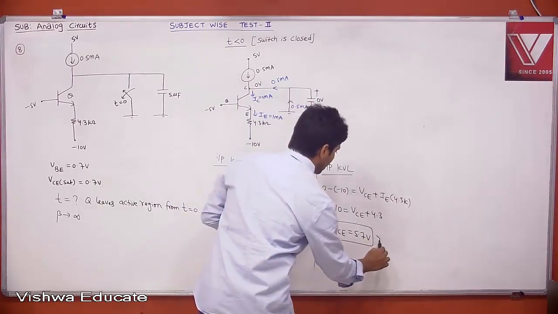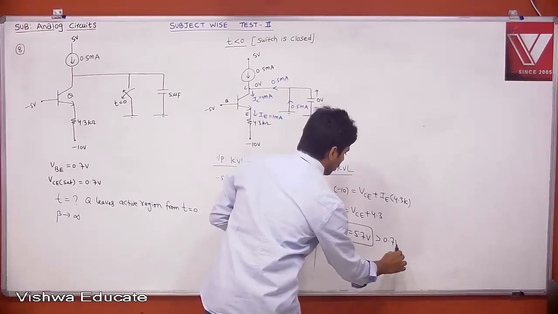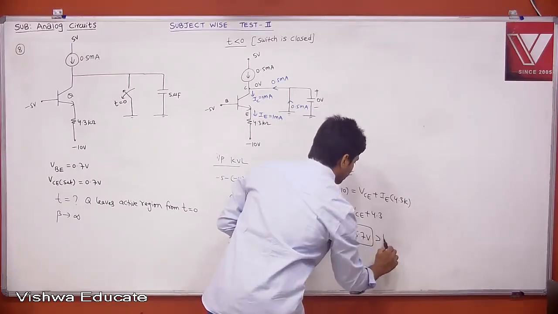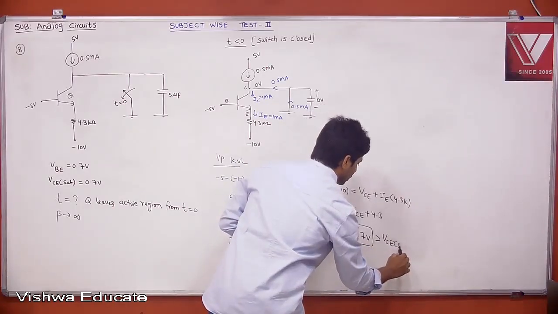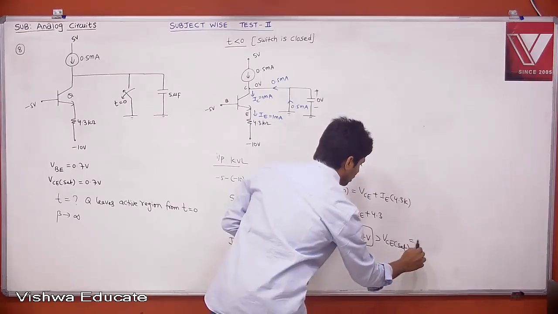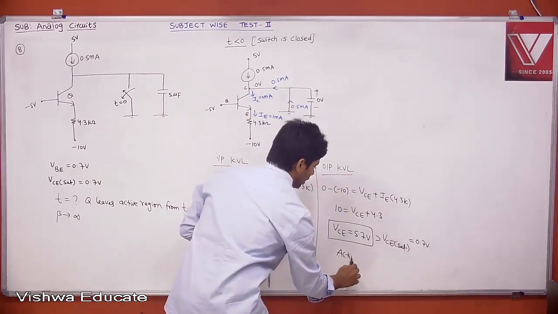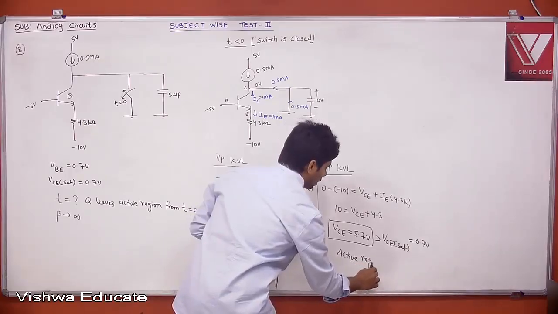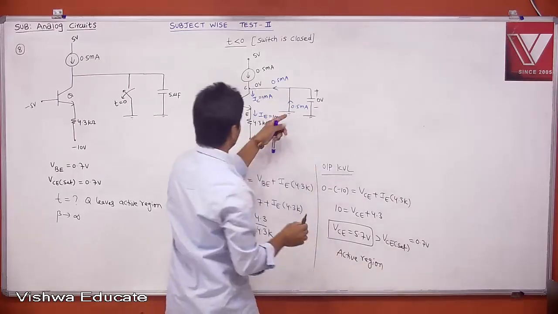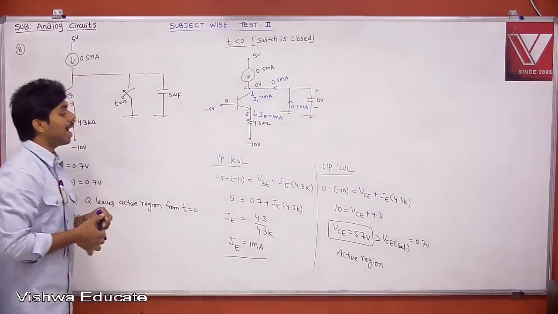Therefore, it is greater than VCE sat, in this case 0.7. Therefore, it is in active region. It is satisfied. Therefore, if the switch is closed, the transistor is in active region.